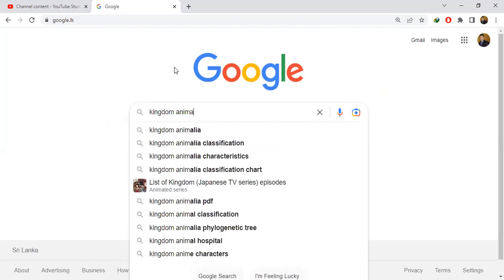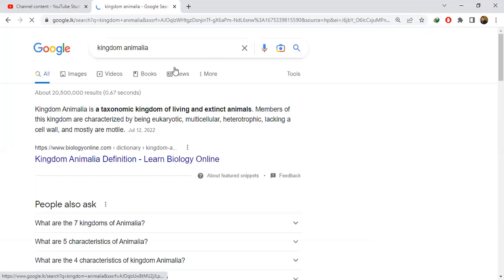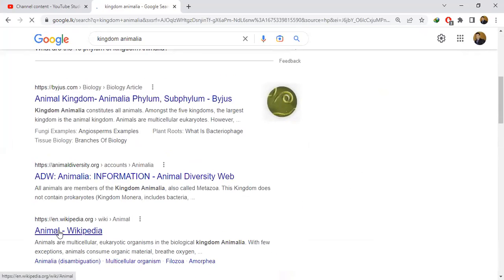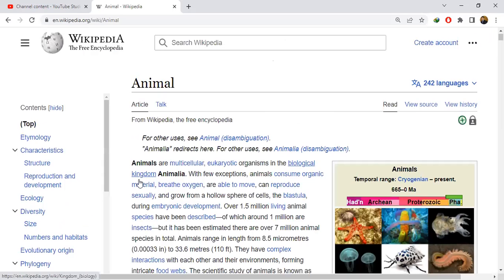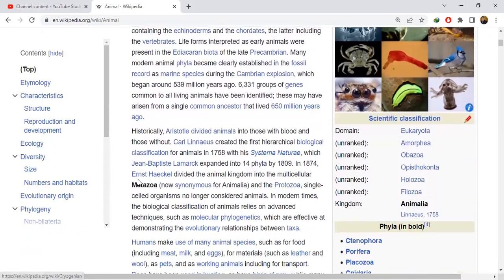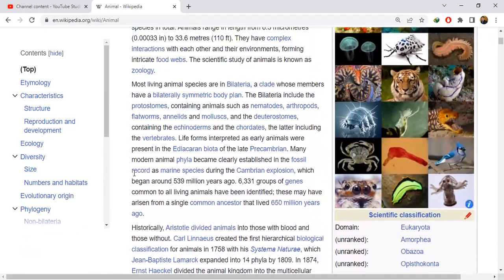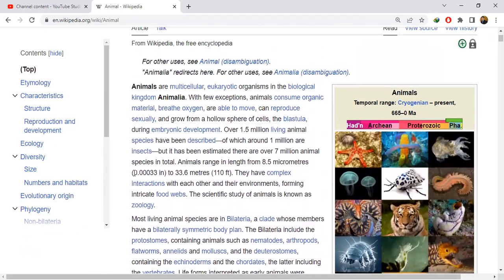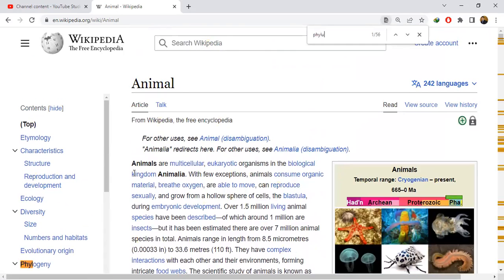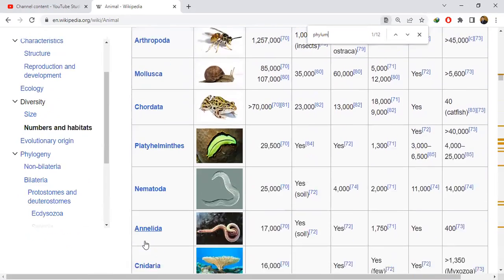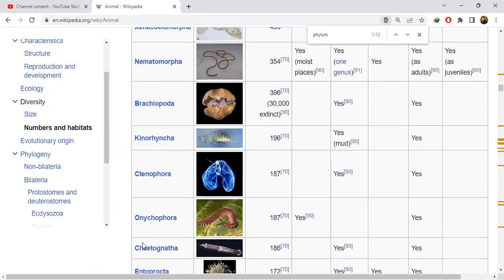Kingdom Animalia, so animals. If you go into Kingdom Animalia, I'm searching for the word phylum. Here, see, this many phyla are there.